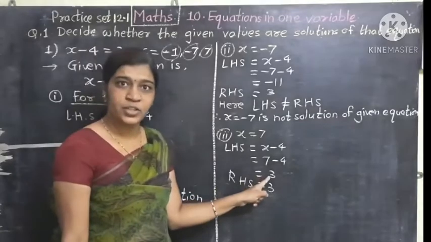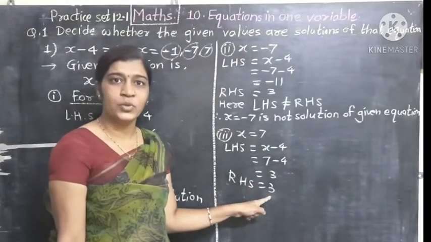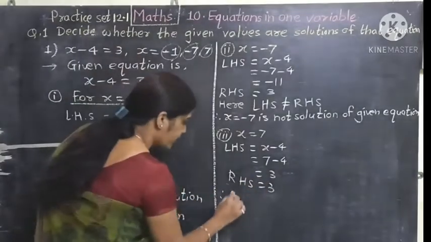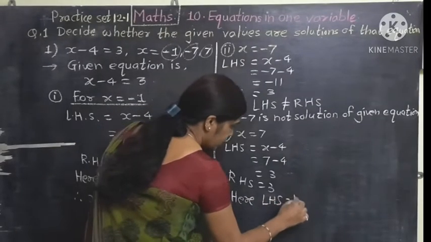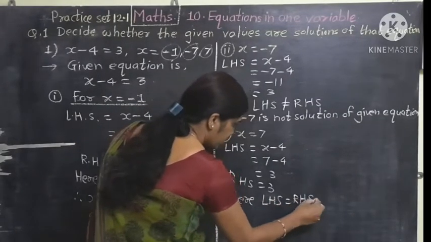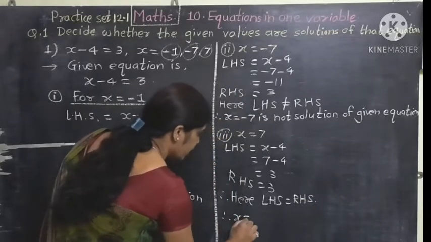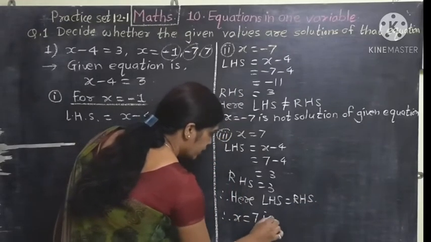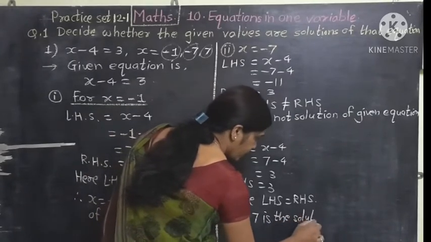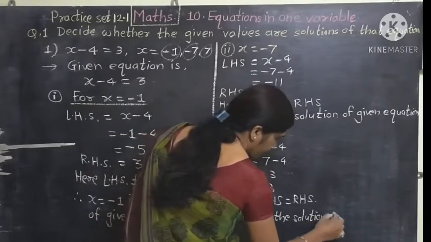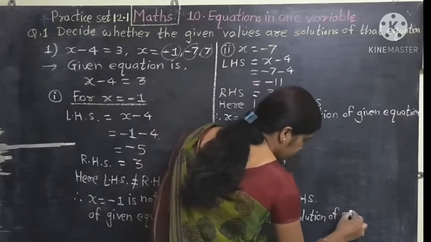Here LHS is also 3 and RHS is also 3. Therefore, LHS is equal to RHS. Therefore, x is equal to 7 is the solution of the given equation.